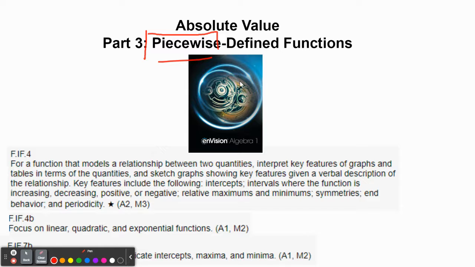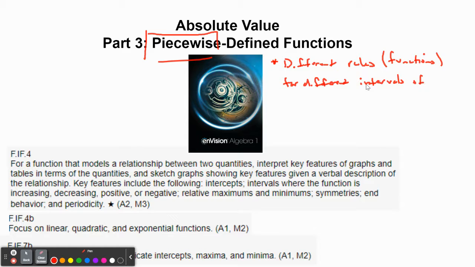What a piecewise defined function, or a piecewise function, is, is where you have different rules, or in this case functions, for different intervals of its domain.